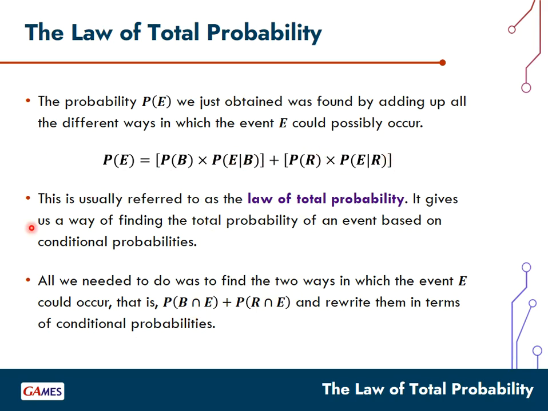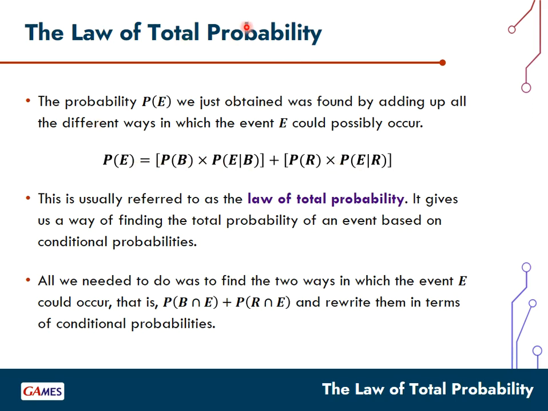So this applies to any kind of event at all, where you're going to be considering multiple other events. You can just arrive at the total probability for that event by expressing it in terms of prior probabilities and conditional probabilities.